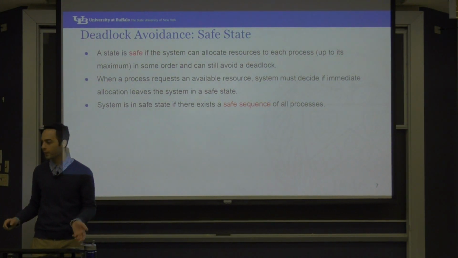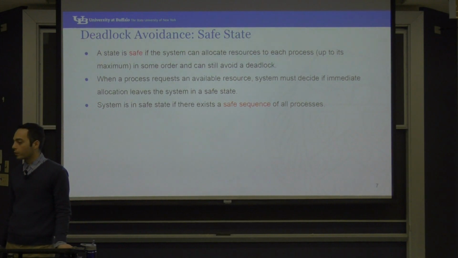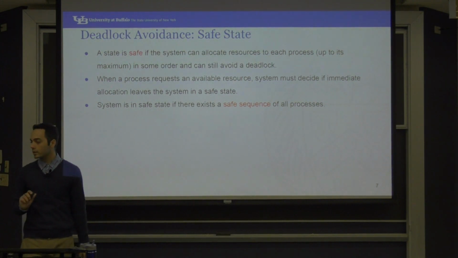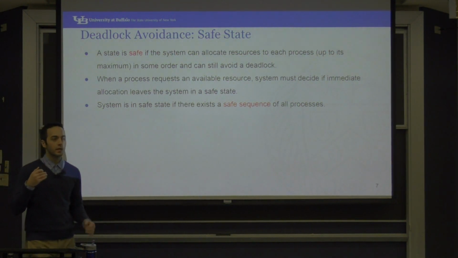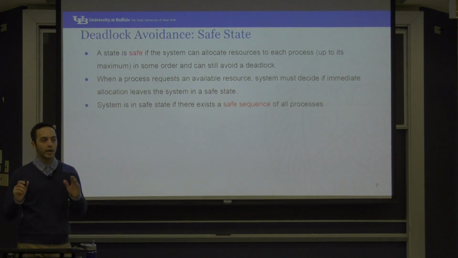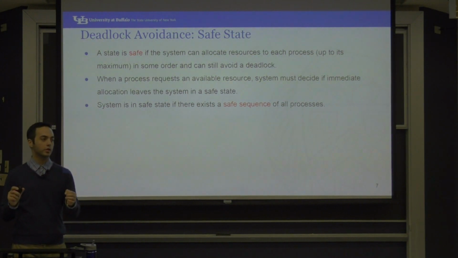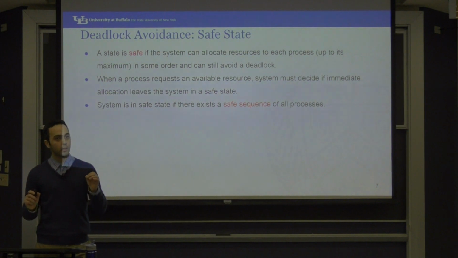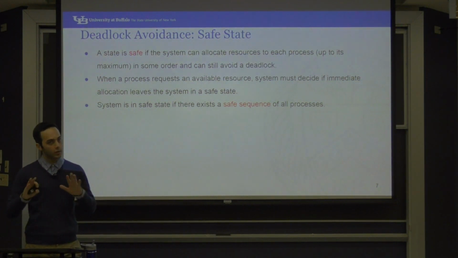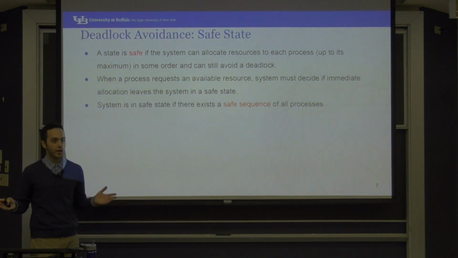without any deadlock. So when a process requests an available resource, the system must decide if immediate allocation leaves the system in a safe state. So as long as you are in a safe state, you can grant resources to the processes. If this allocation leaves the system still in the safe state, that's fine.